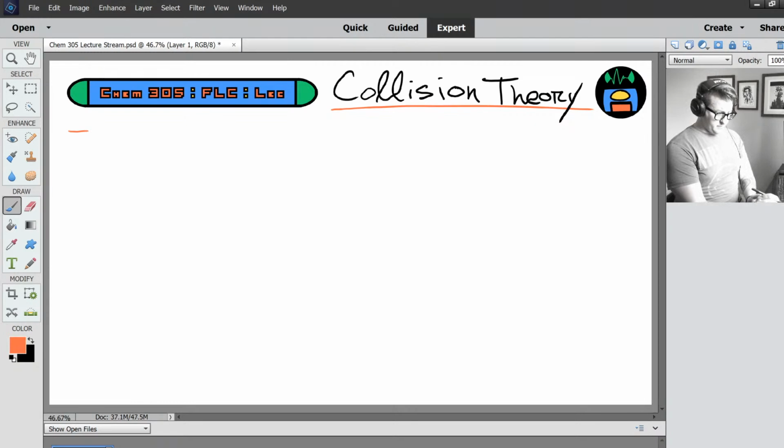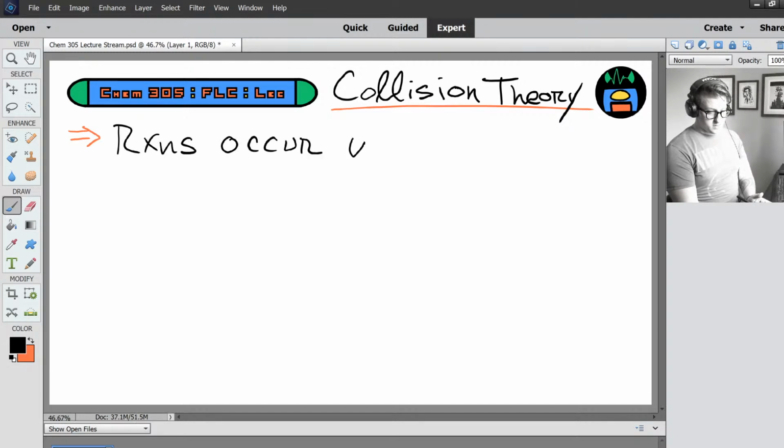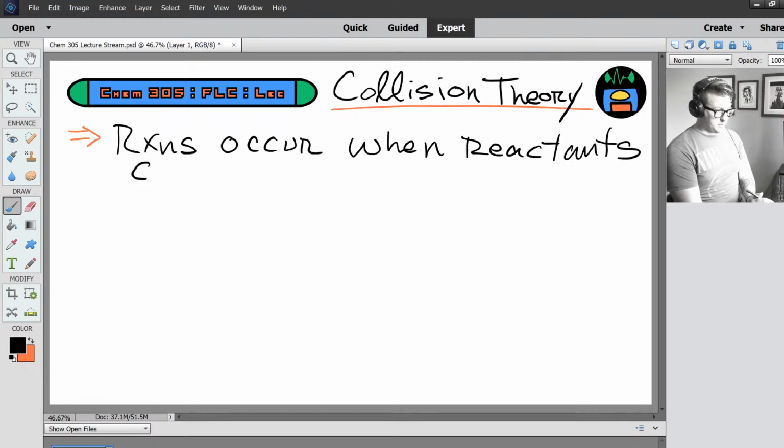The basis of collision theory is the following: reactions occur when reactants collide.